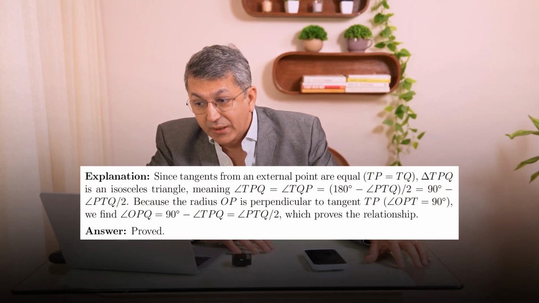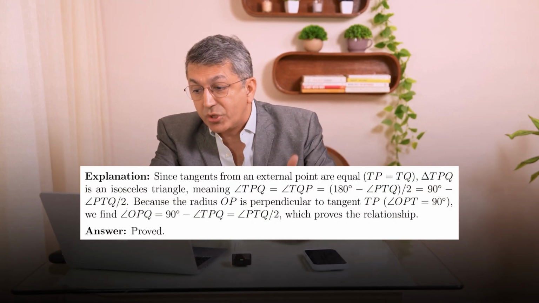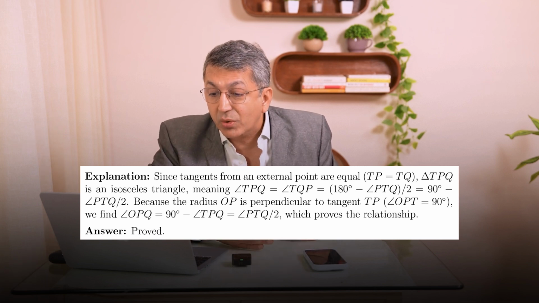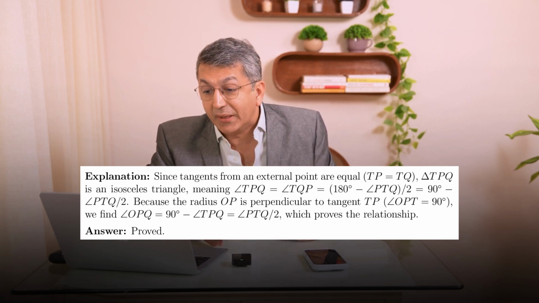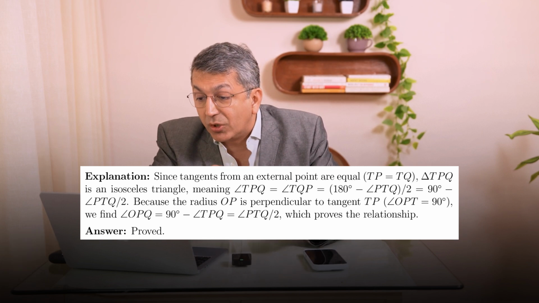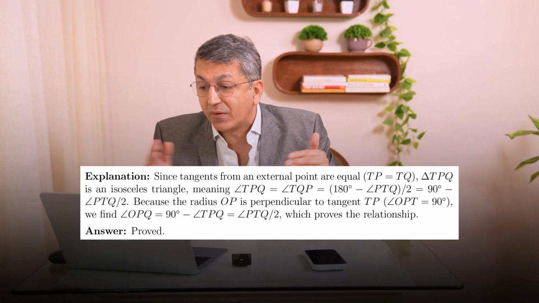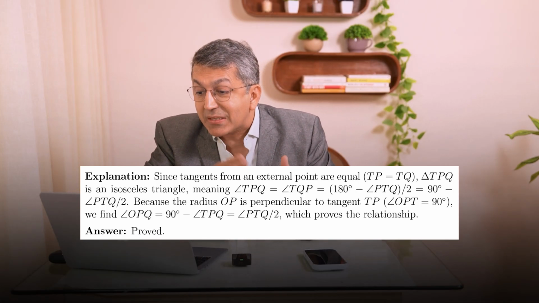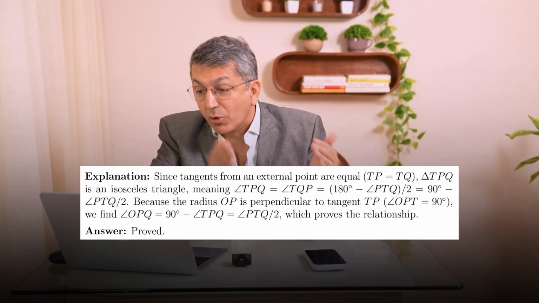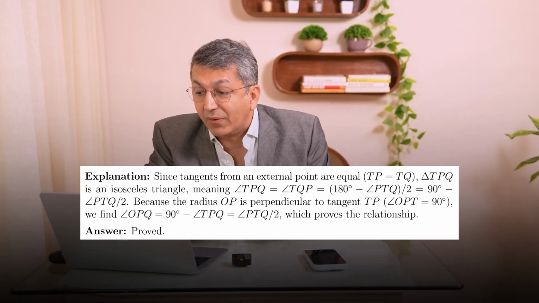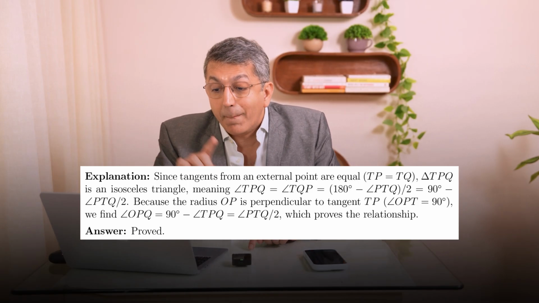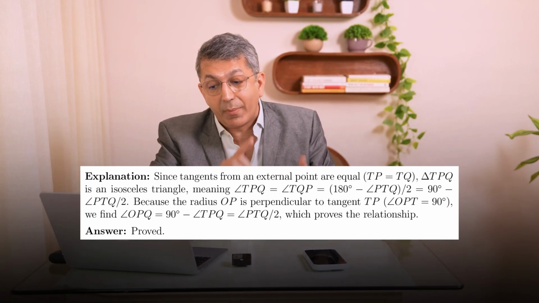Explanation: since tangents from an external point are equal, (TP is equal to TQ), triangle TPQ is an isosceles triangle, meaning angle TPQ is equal to angle TQP is equal to (180 degrees minus angle PTQ) divided by 2, which is equal to 90 degrees minus angle PTQ divided by 2.